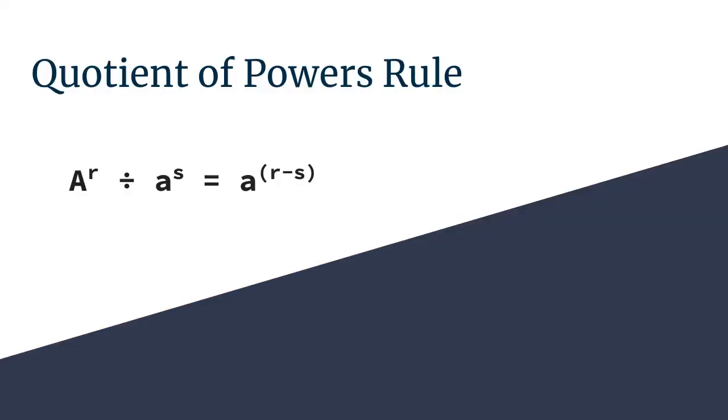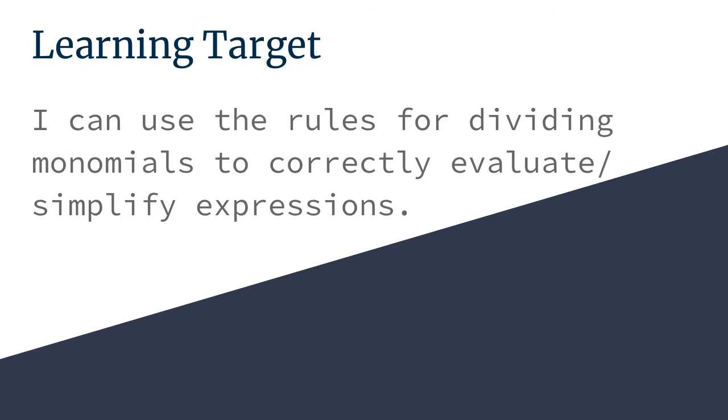So let's switch out to the quotient of powers rule. This one says that if I have the same base and I am dividing, I'm going to keep my base and subtract my exponents. The learning target says I can use the rules for dividing monomials to correctly evaluate or simplify expressions.